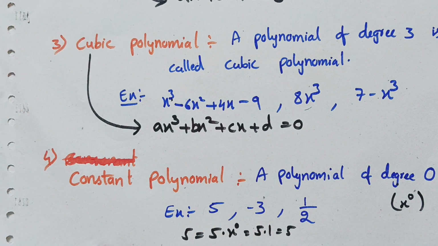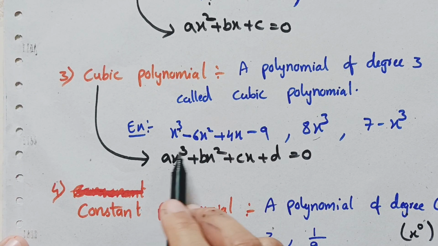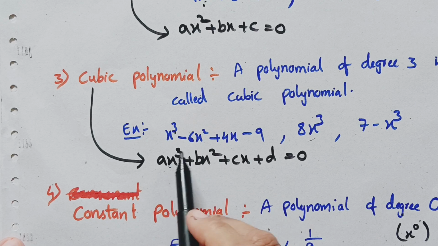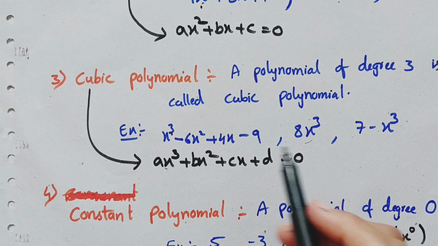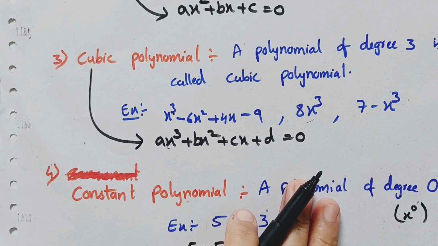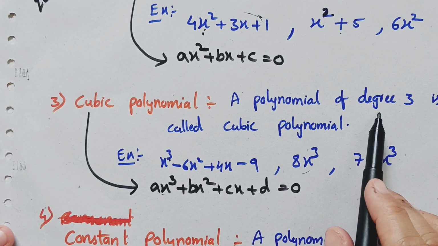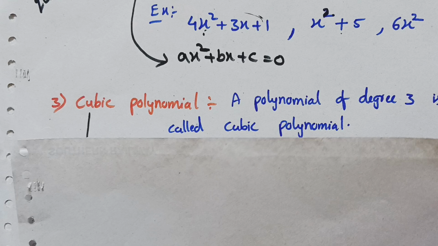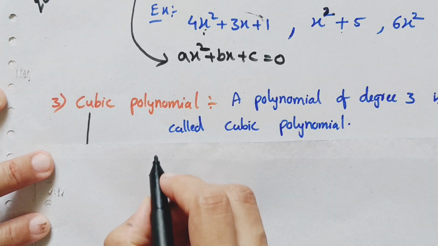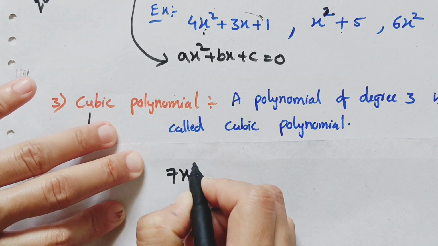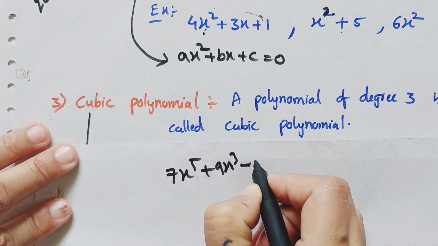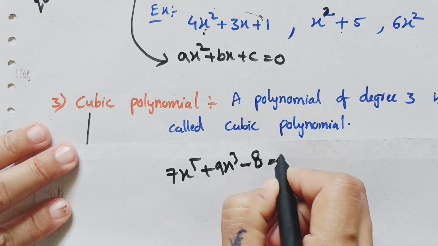Okay, now it's clear. You may get a doubt that, ma'am, if we have more than 3 as a power for the variable, then what do we call that polynomial? Suppose you have an equation like 7x power 5 plus 9x cube minus 8 equal to 0.